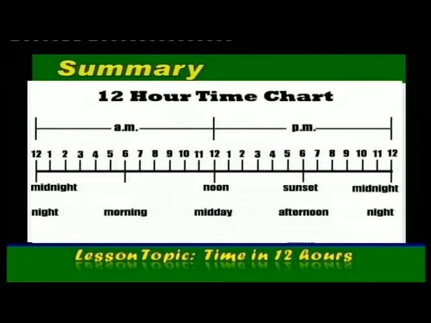Now, AM is always during the morning part of the day. And time which is given in PM is always in the afternoon or evening part of the day. Now, receiving students and 6s. Most of the clocks and watches that we see are normally given in 12-hour time.